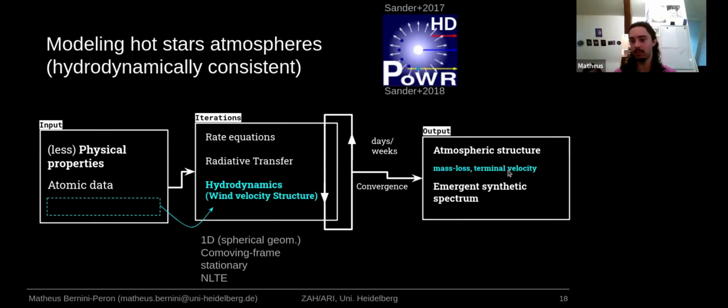So if in that framework we really match what we observe, this means that the physical parameters that we put, so temperature, luminosity, are probably representing the reality much better than in the case before, by assuming a certain velocity structure.